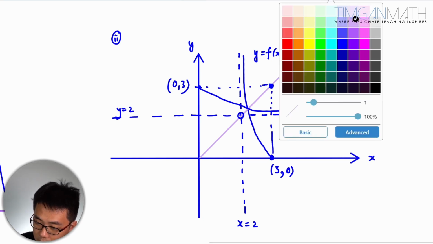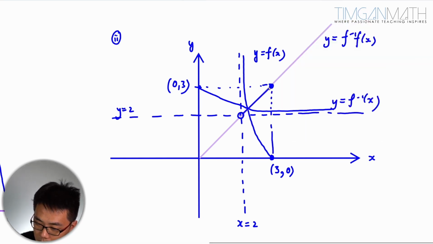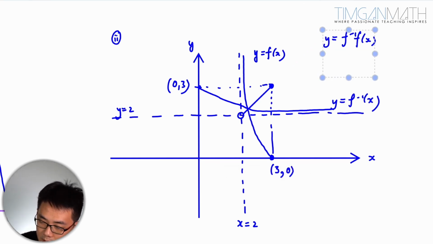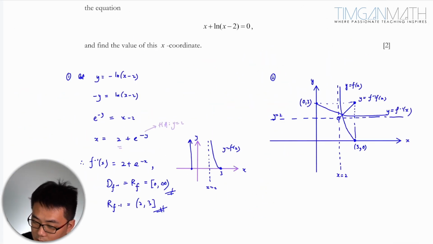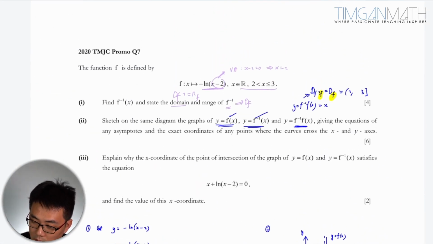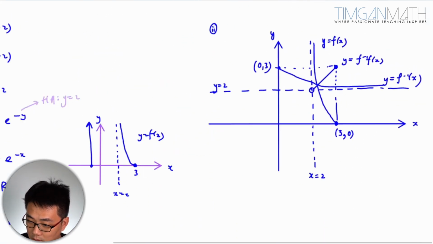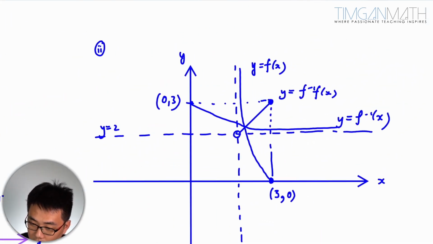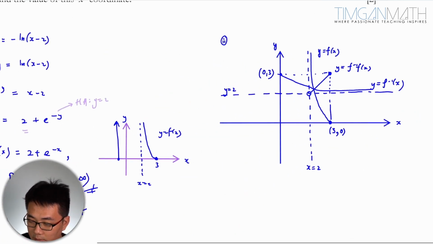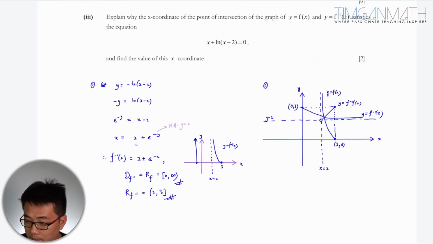So I'm going to draw this out like that. Yep. Okay, so this is my y equals f(x). What else do I need? That's all. Okay, so this is a graph here that you're going to draw. So just take note, this is the y equals f inverse f. These are all over there.